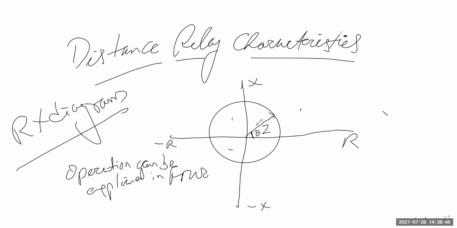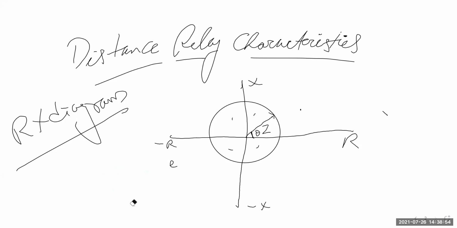We have 1, 2, 3, 4, so we have four quadrants, and we will try to explain in the four quadrants.